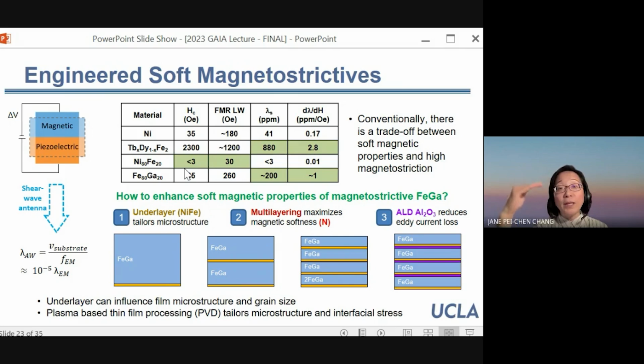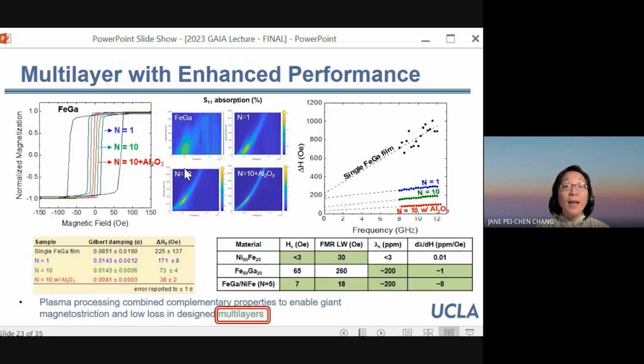But if we create these multilayers, we can actually engineer a material that meets the goal in all of the specifications that we need for the intended application. So this multilayer design is very important to allow us to increase the functionality of the material so that we could integrate them for further application.